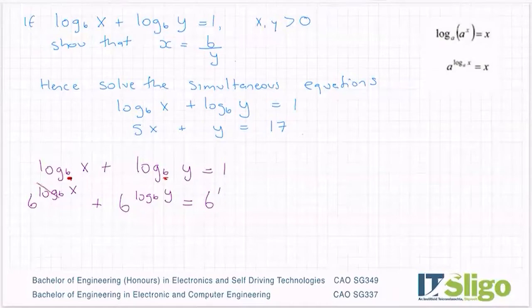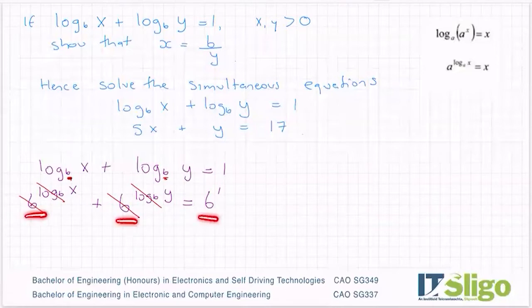So log to the base 6 and 6 cancels, log to the base 6 and 6 cancels. Now notice what I had to do to the right hand side of that equals sign. I also had to raise that to the base 6. What you do to one part you must do across the whole equation.